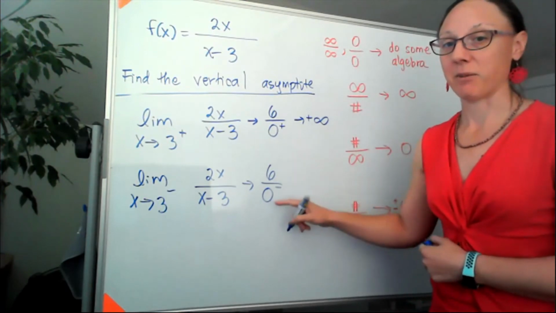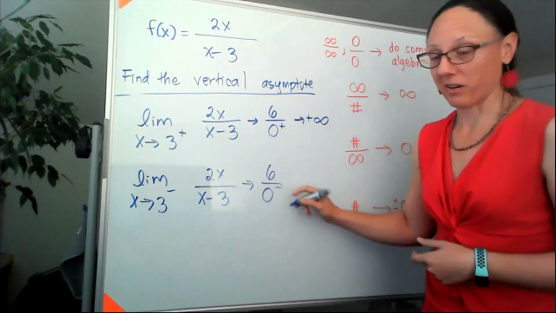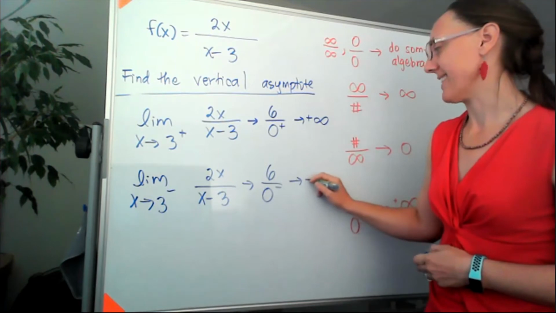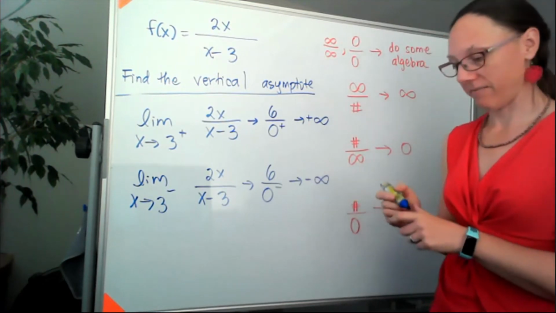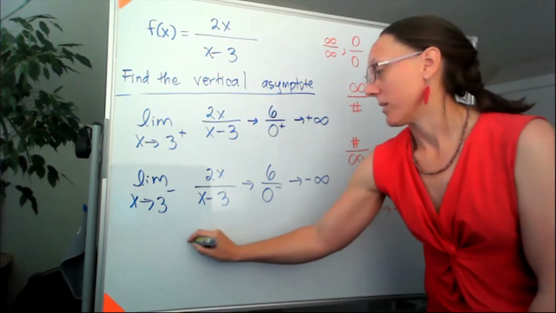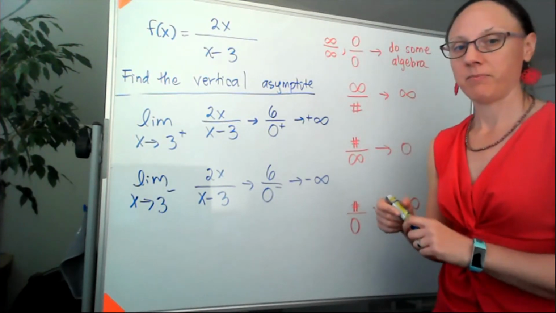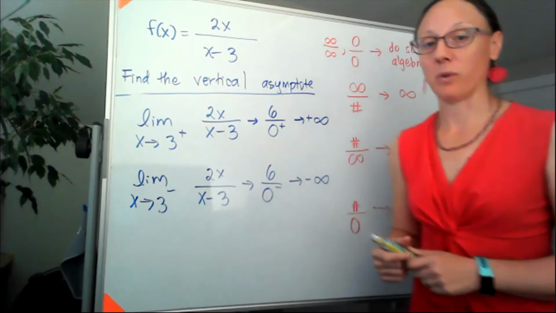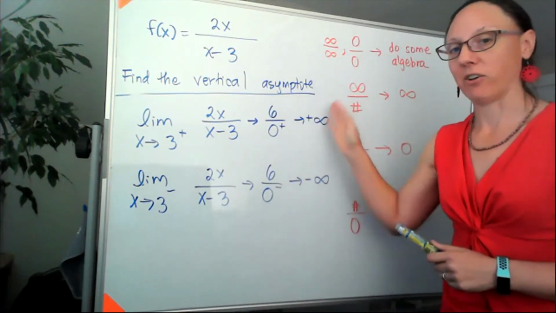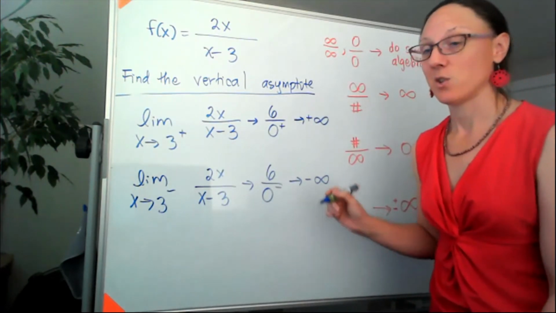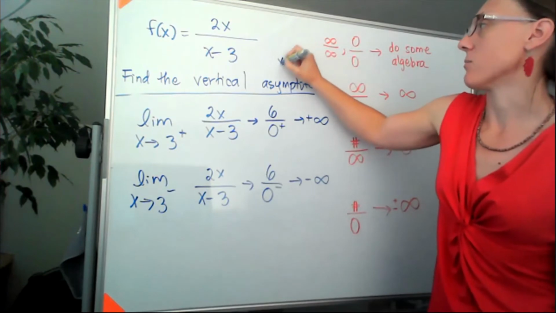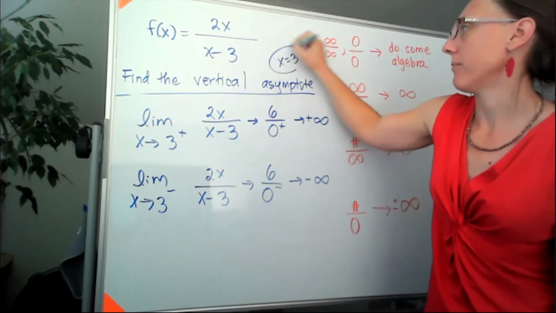And 6 divided by almost 0, but a little bit negative, is headed to negative infinity. So I'm going to say that the equation for my vertical asymptote is the X value that we were approaching when the Y value became infinity. So the equation for our vertical asymptote is x equals 3.